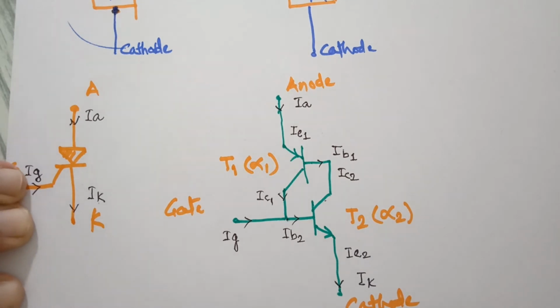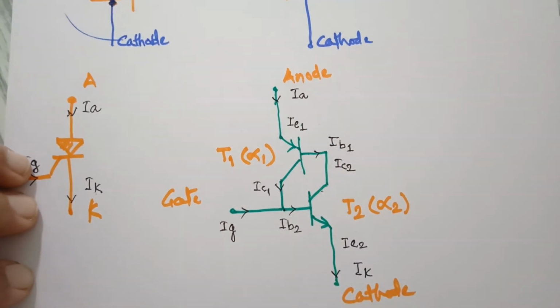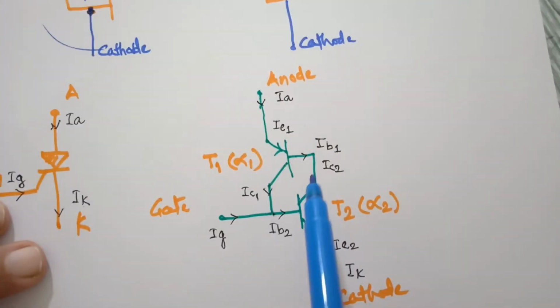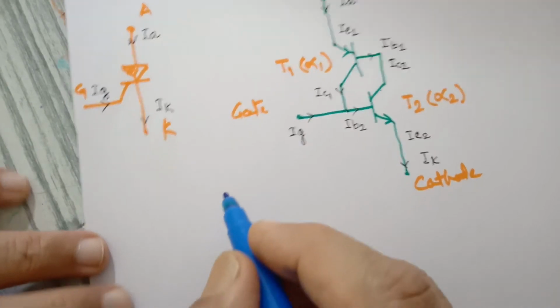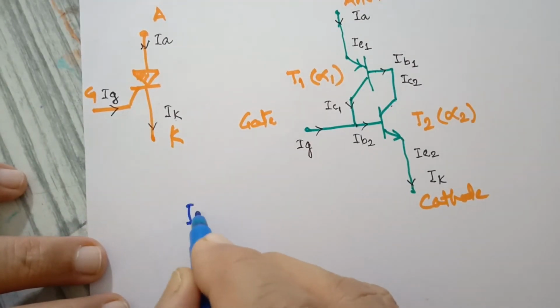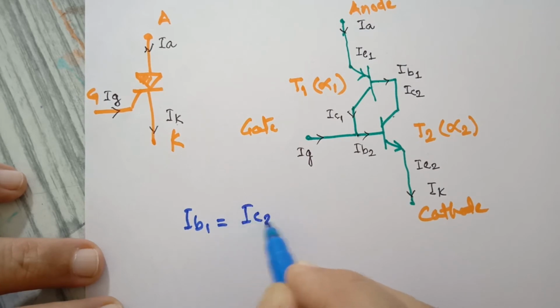Now let us get some useful equations. Our goal is to get a derivation for the anode current. To begin with, from this diagram, see here IB1 is nothing but IC2. So we can write straight away IB1 equals IC2.